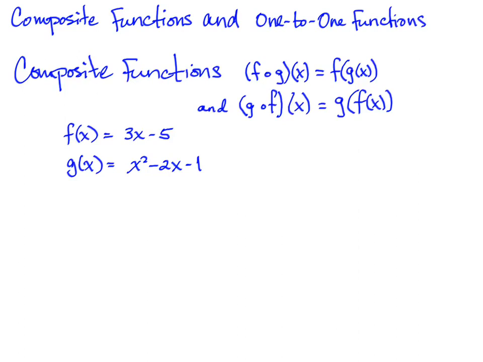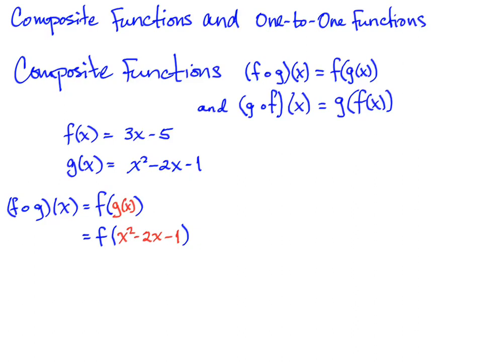So let's see what happens when we do f composed with g of x. Remember, the definition is f of g of x. So we're going to take f and plug in that quadratic, x squared minus 2x minus 1, as our new input.